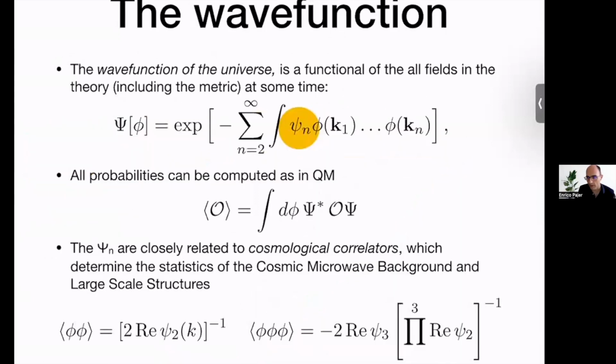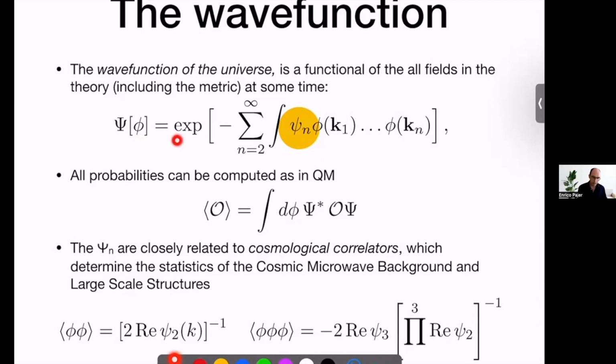Okay, since the wave function will be an important character in this story, let's look at it a little bit more closely. Of course, this is a wave functional, a functional of all the fields in the system. So in particular, all the standard model fields, the graviton, and all the inflatons that you want to add to your model. So it's really a functional. Phi here is a collective name for all the fields.